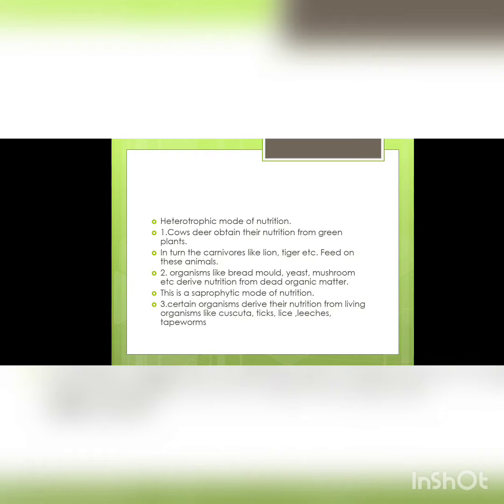Heterotrophic mode of nutrition. You all know that cows, deer obtain their nutrition from green plants. In turn, carnivores, lion, tiger feed on these animals. Organisms like bread mold, yeast, mushroom also derive nutrition from dead organic matter. These fungi, yeast, mushrooms are undergoing saprotrophic mode of nutrition.